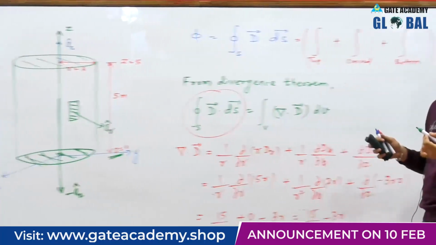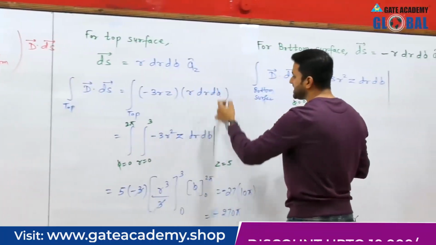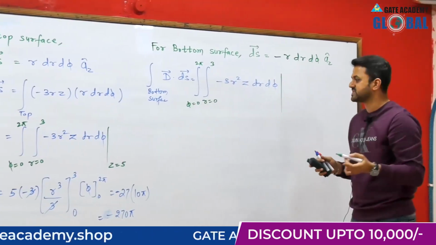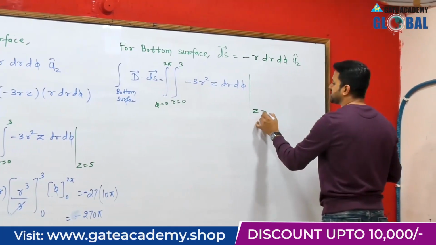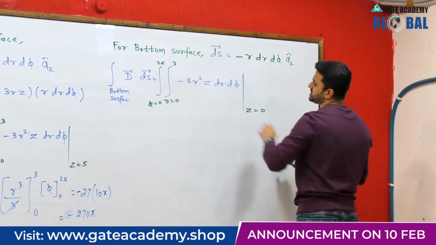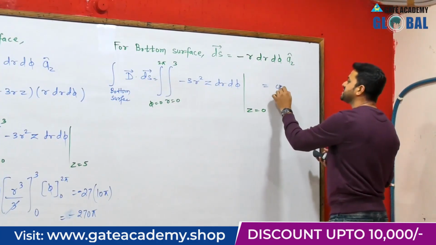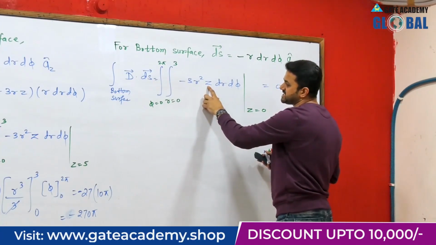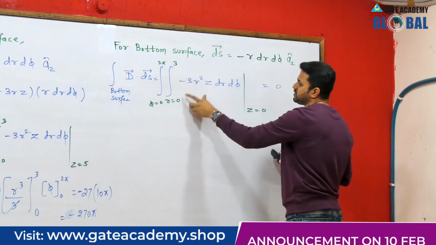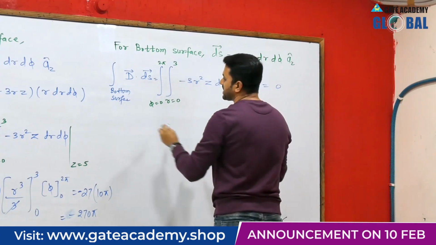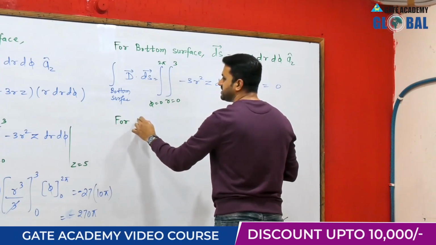For the earlier integration z equal to 5 was there because it was the top surface, but this is the bottom surface, so z equal to 0 here. So when we substitute z equal to 0, the value of this integration would be 0. Without any integration we can directly say, because z is constant here which is 0, so this integration will be 0.